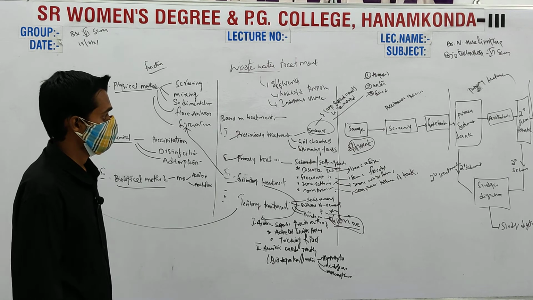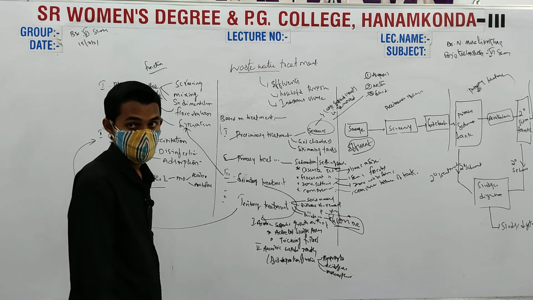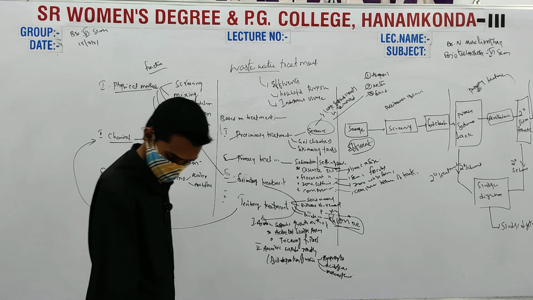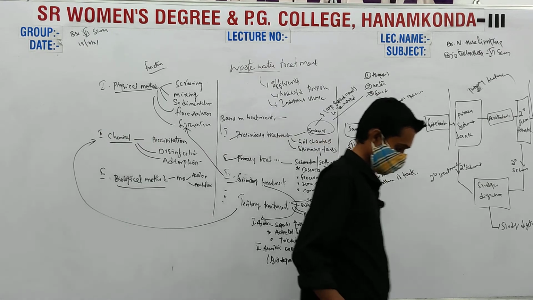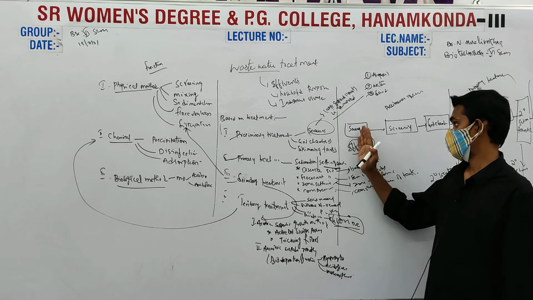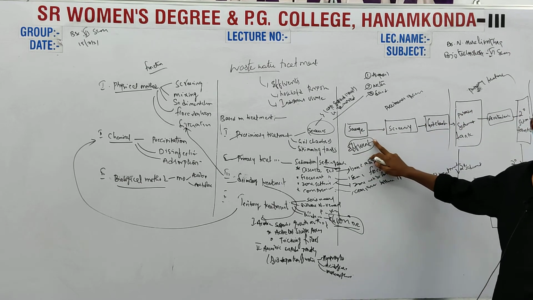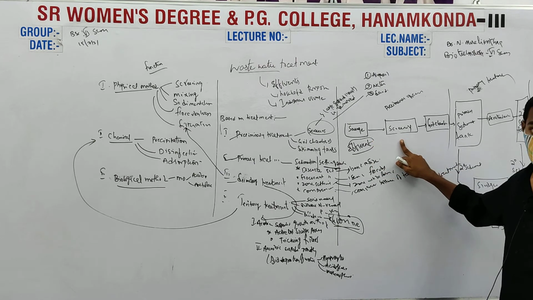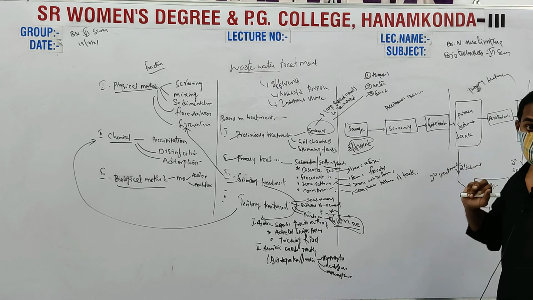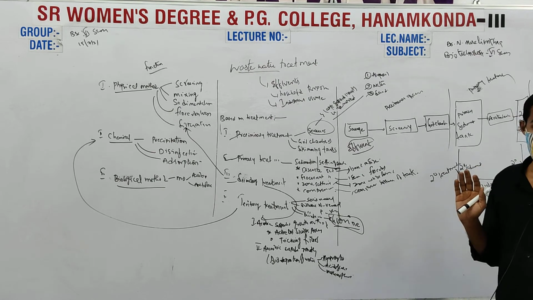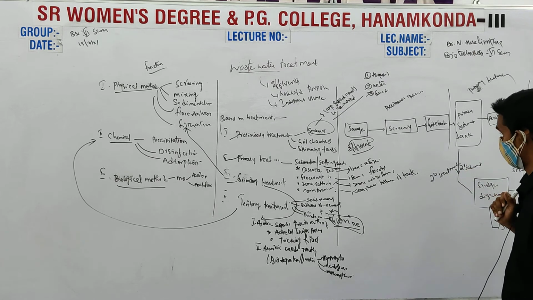The sewage has to pass through screening and grit chambers, which come under preliminary treatment. The sewage water passes through screeners, and from screeners through grit chambers.